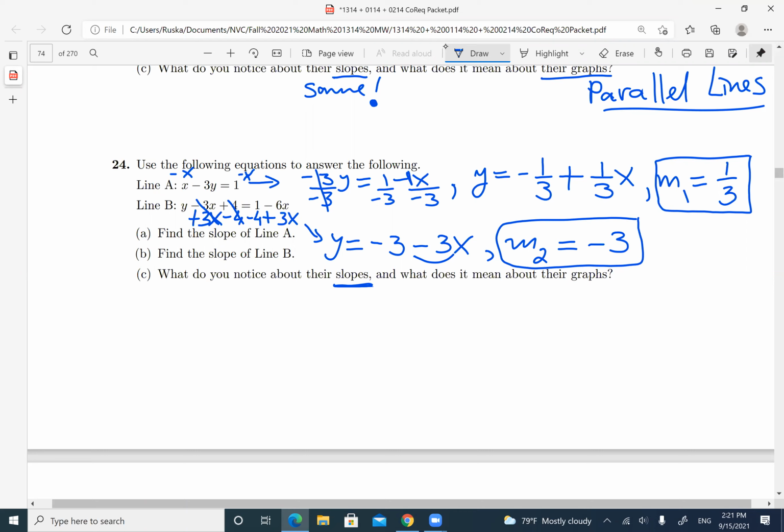They are negative reciprocals, yes. See, if you flip and use the opposite sign, they're reciprocals of each other. So I'm going to put negative reciprocals. So what that means is they're perpendicular. That's right, good job.